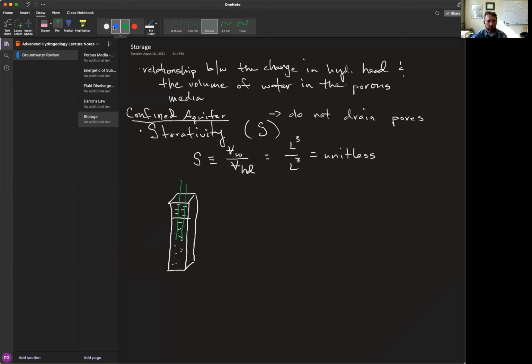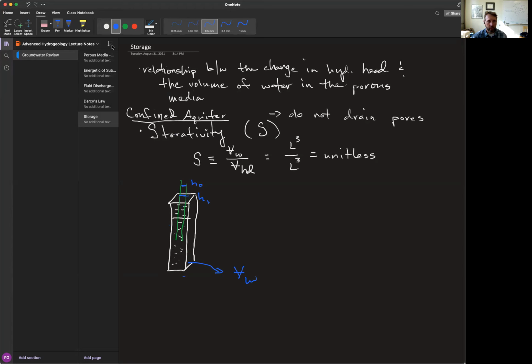And the water level in my aquifer starts off up here at H naught. All right. And I pump, or I magically am able to drain water out of this column. And I drain some volume of water, VW, out of the column. And when I do that, my head drops here to H1.